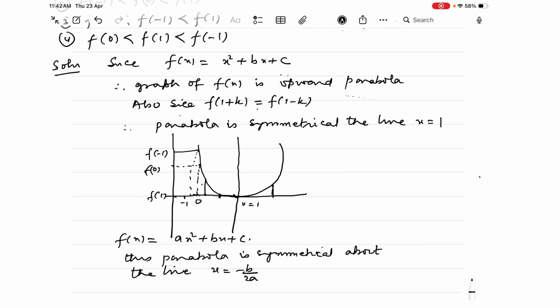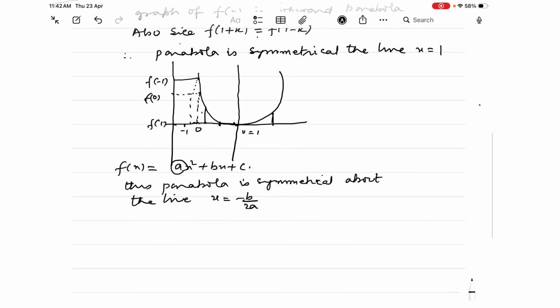Now here in our problem, since a is equal to 1, therefore x will be equal to minus b by 2. But in our problem, the graph is symmetrical about x equal to 1. So therefore minus b by 2, if it is equal to 1, b will be minus 2.